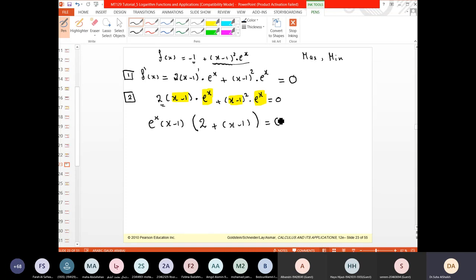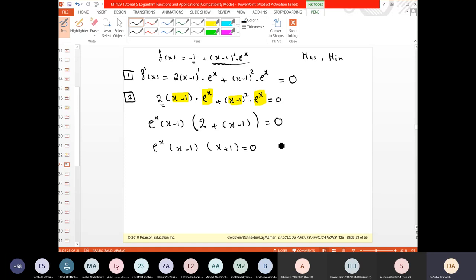Clear so far? So now simplify: e^x, (x minus 1), and here (x plus 1) equals 0.